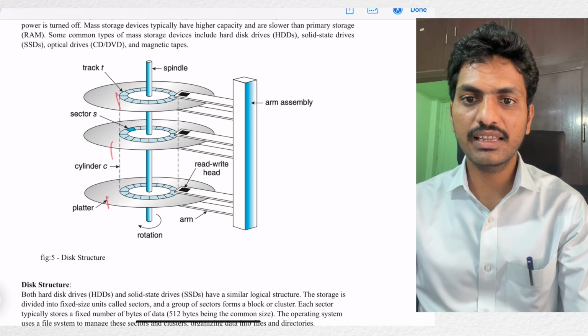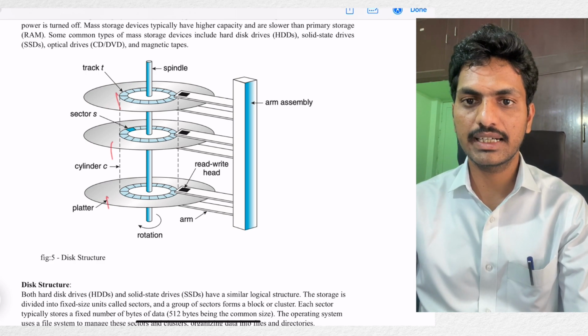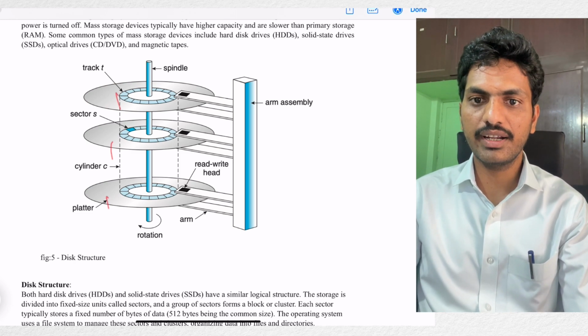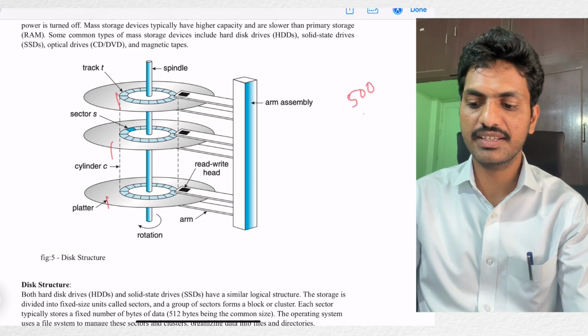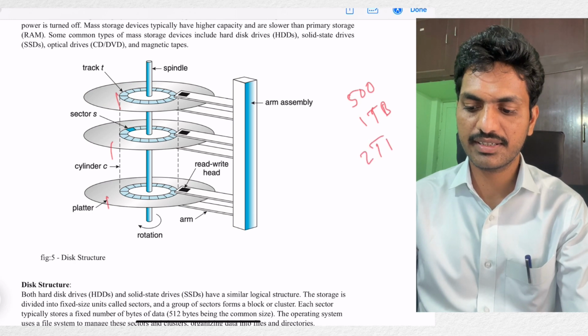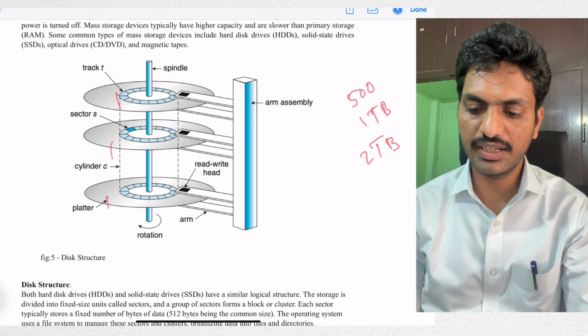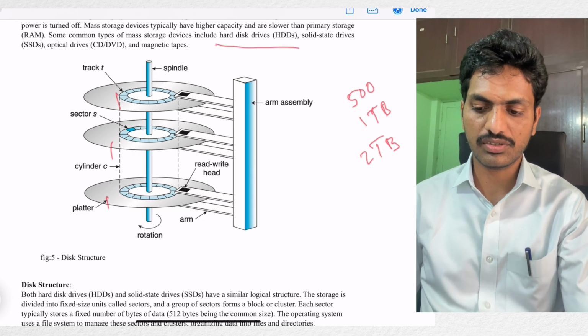We combine all this and we form one disk. Usually we call it a hard disk. Hard disks are like you know, 500 GB hard disk, 1 TB hard disk, 2 TB hard disk. These are the mass storage structures. Hard disk drive, HDD, we also call it.